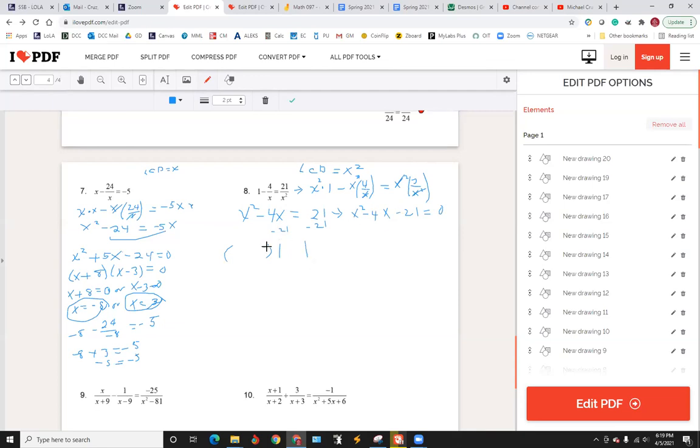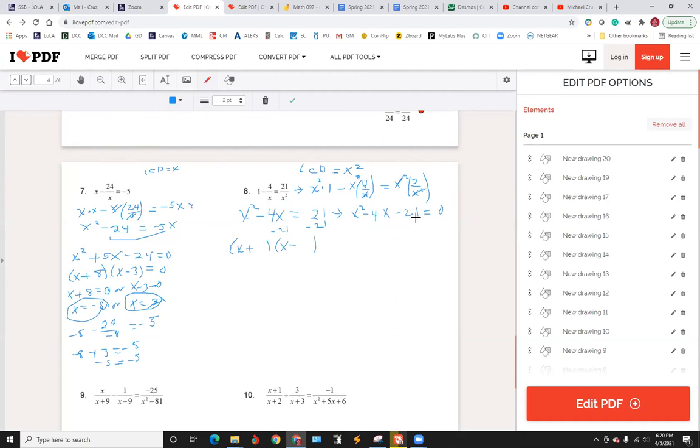All right, this is negative, so it's x plus and x minus. I said it and I wrote it wrong.